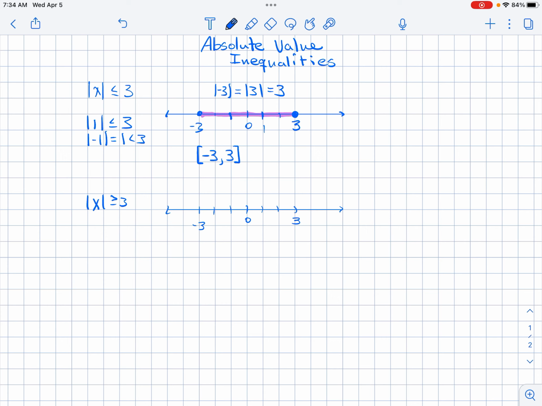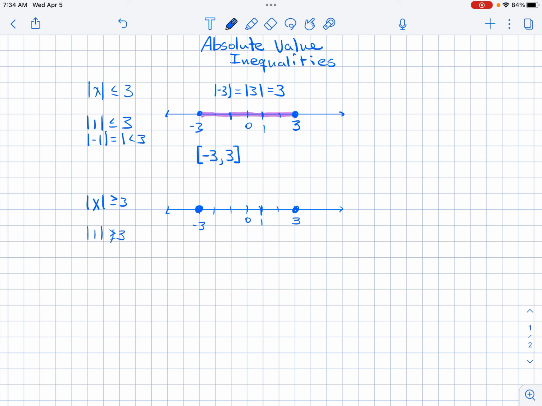So here's negative 3 and here's 3. So we still include these points. However, we're saying greater than or equal to 3. Now, the absolute value of 1 is not greater than or equal to 3. In fact, it's less than 3.